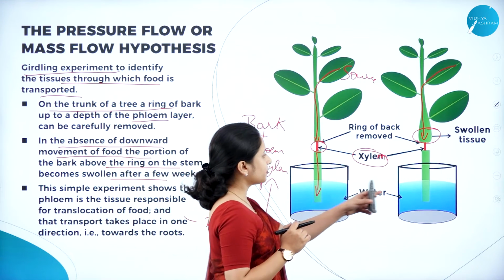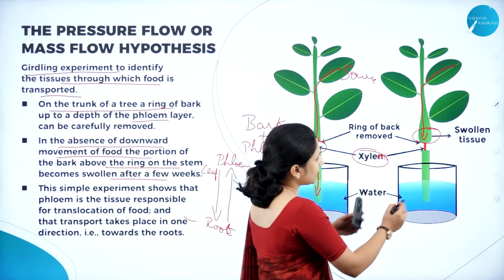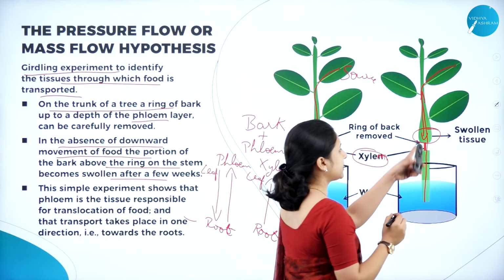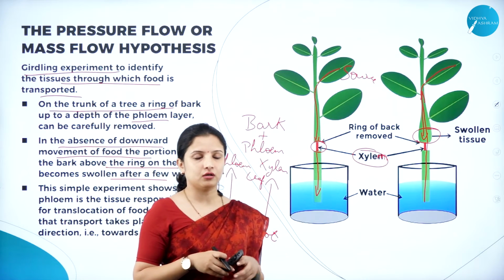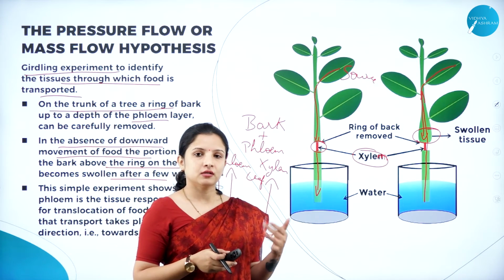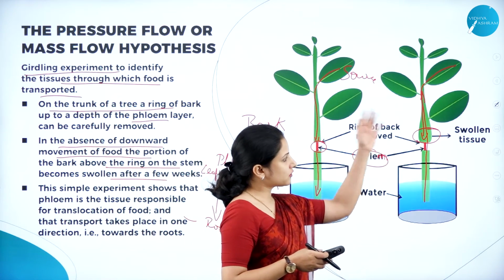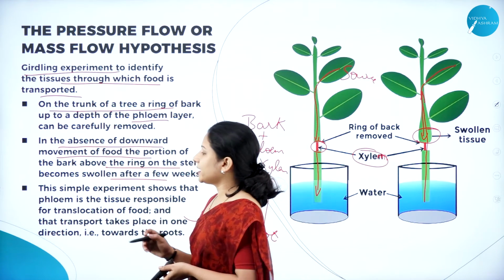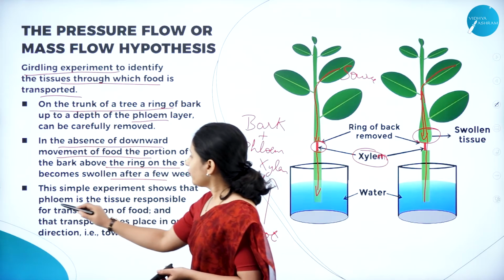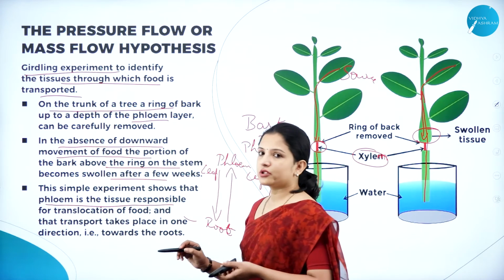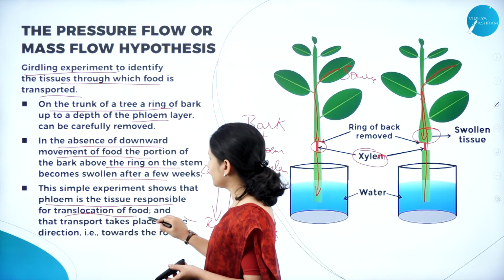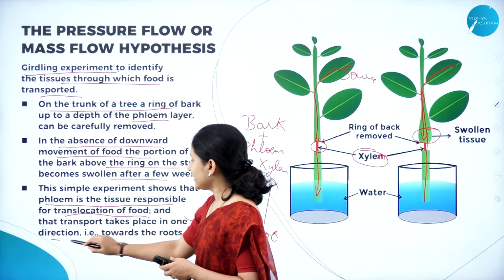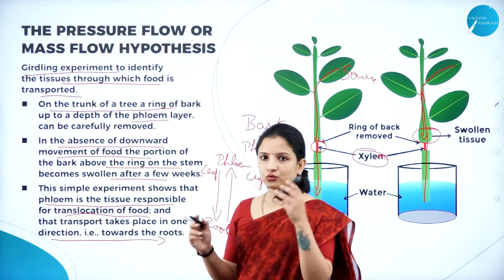Okay. And then they put water here. Water easily moves upward. Why? Because xylem is enough for transport of water, but phloem is not needed. So their transport of water easily occurred. So they found out that this simple experiment showed that phloem is the tissue responsible for the translocation of food, and that transport takes place in only one direction, that is towards the root.